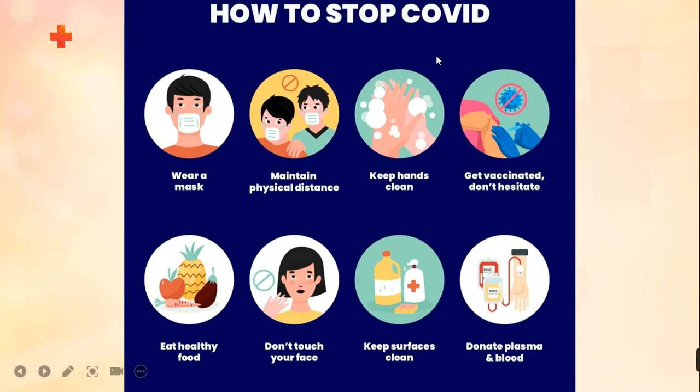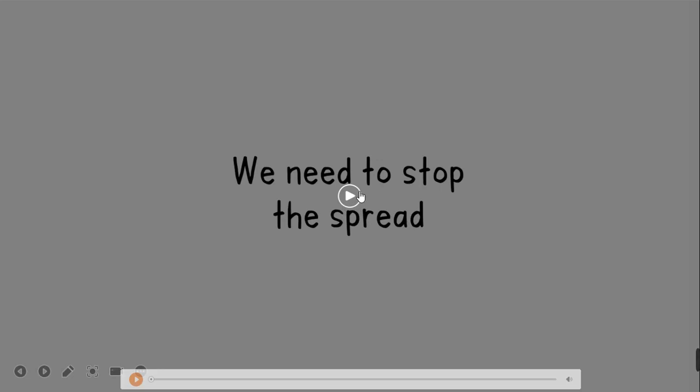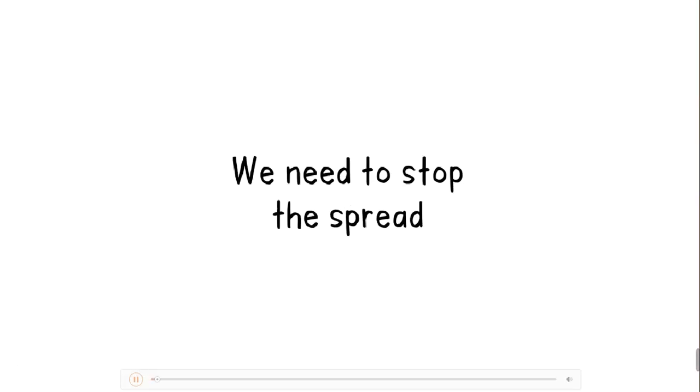And how do we stop COVID-19? Wear a mask, maintain physical distance, eat healthy food, and get vaccinated. Don't hesitate. And how are the mutations or new variants coming into our society, and what can we do to stop their spread?